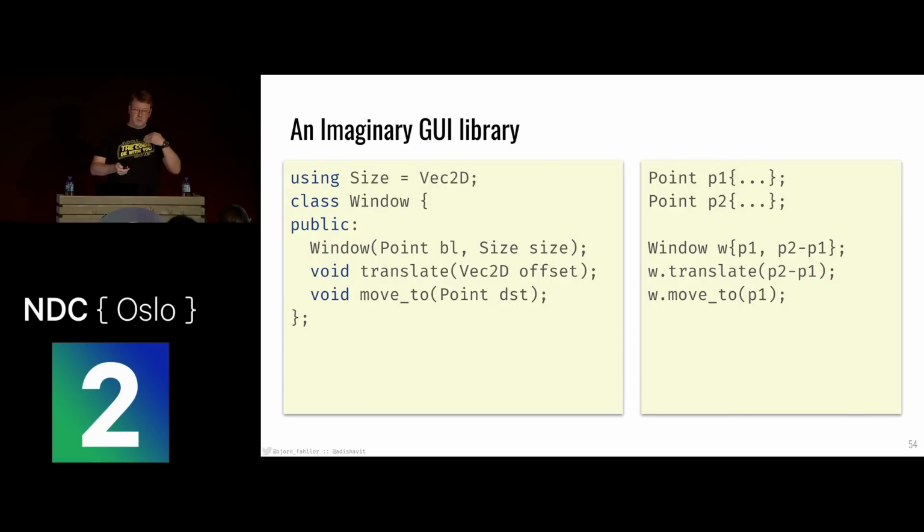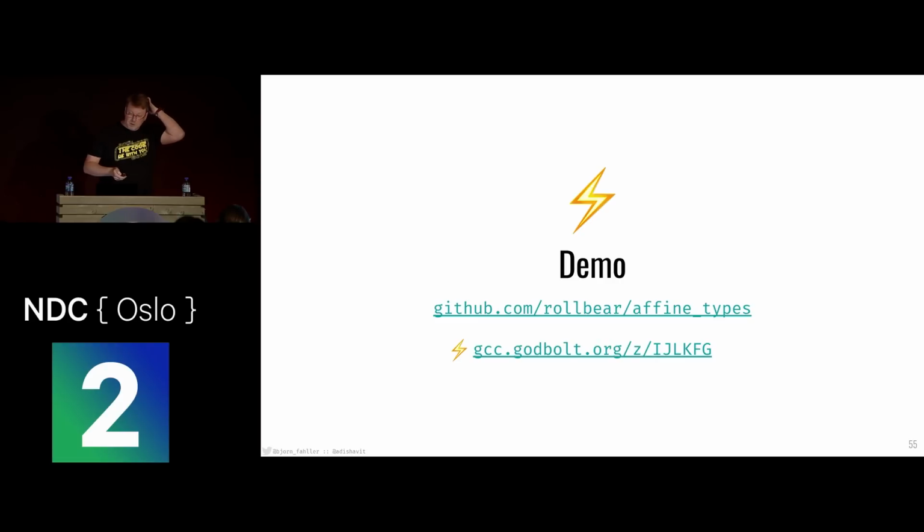Or maybe I actually want to move it specifically to a point. And the important thing here is that if I make a mistake and I accidentally call move to with the vector, I get a compilation error. This is good. We can actually have a look.